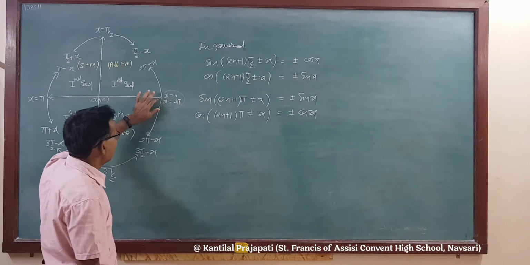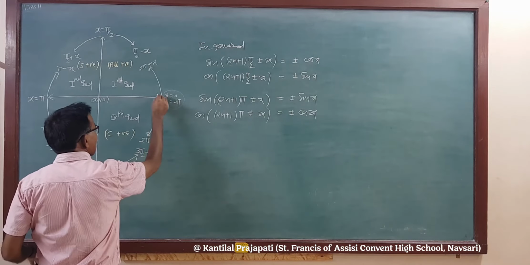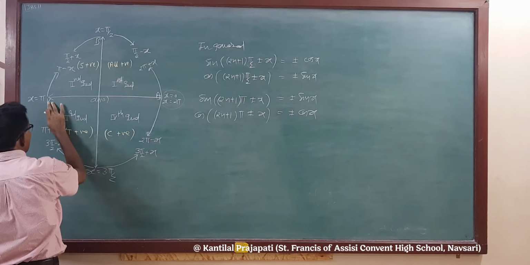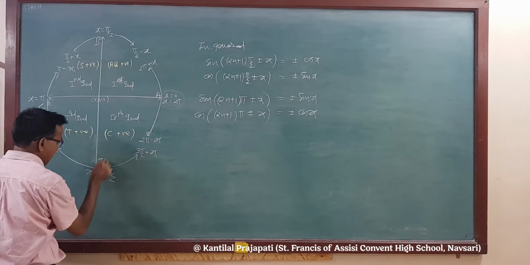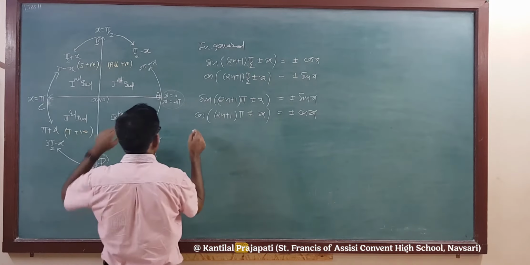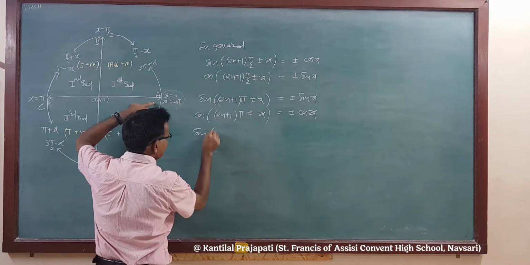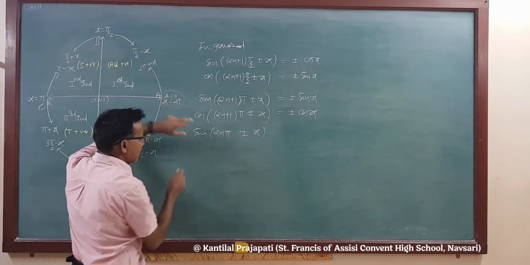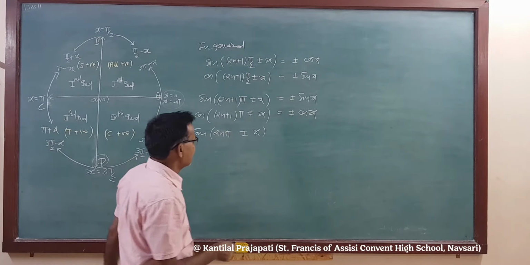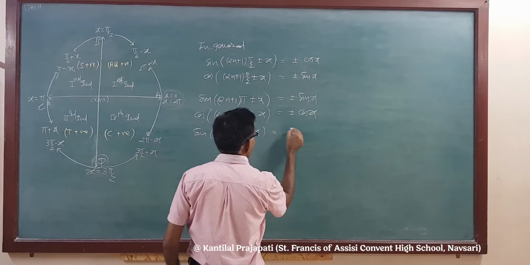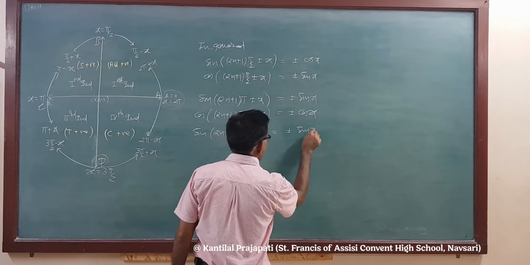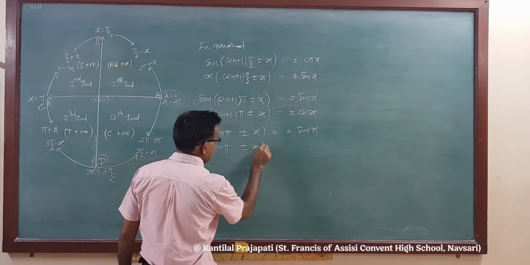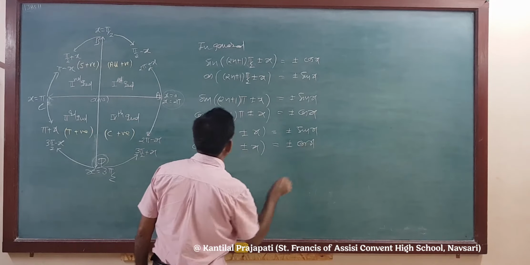From here, these points are on the unit circle, capital A, B, C, and this is D, right? This point is D. So similarly, from point A, sin of 2nπ plus or minus x, an even multiple of π, then also you get plus or minus sin x, and cos of 2nπ plus or minus x is equal to plus or minus cos x.